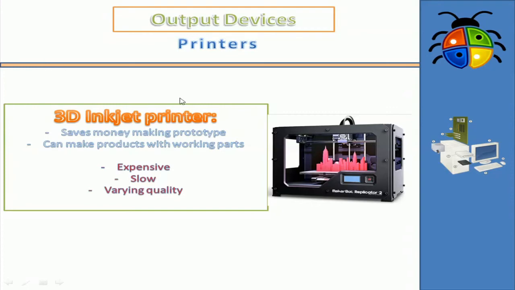So the last printer, yeah, sorry, I forgot. So the last printer is a 3D inkjet printer. These are obviously a modern invention, and instead of just printing on paper, what we can do is print 3D models or 3D artifacts, 3D items using this printer.